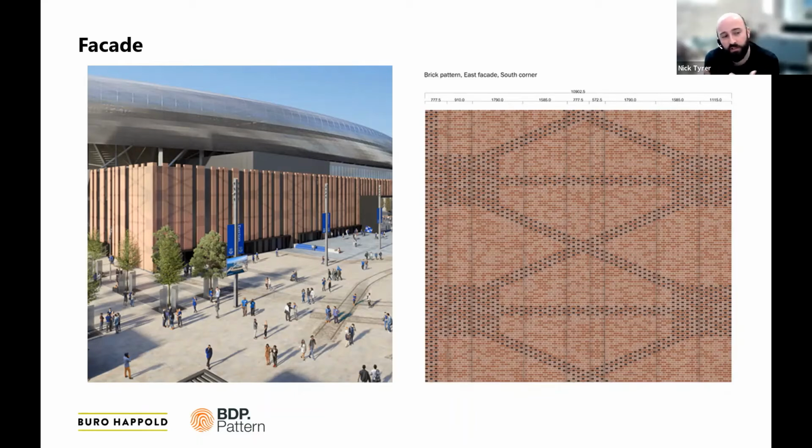Part of the conceptual idea was to create not a repeating pattern, and obviously non-repeating patterns aren't amazing to build. So part of this process was ensuring a controlled randomness, making sure it can be delivered and it's buildable.